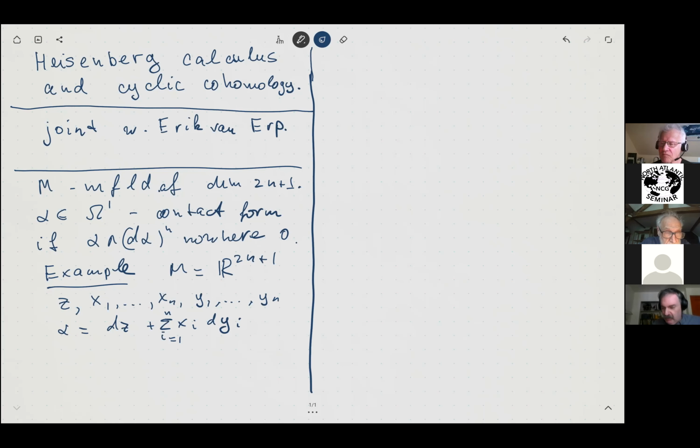Now, with the contact form, we can associate the following objects, which will be important for this talk. First of all, a subbundle H of the tangent bundle, where alpha is 0.